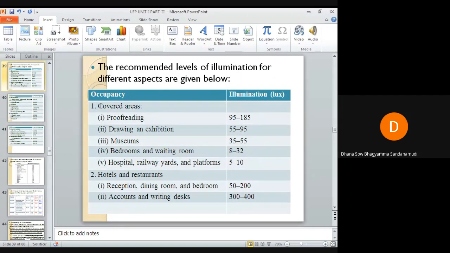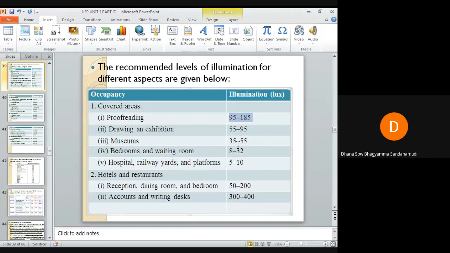These are the recommended levels of illumination for different aspects. Like proofreading, for drawing purposes the illumination required is 55 to 95 lux. For reading purposes, we require 95 to 185 lux.